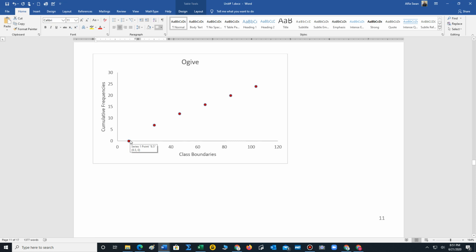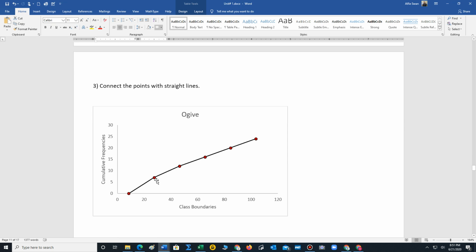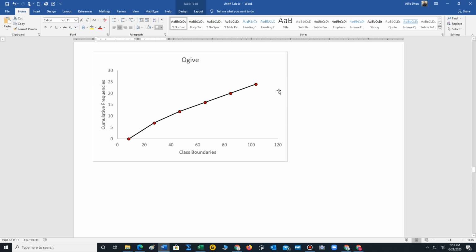So at 8.5 it's 0, and so on. And then finally, you just connect the points with straight lines. And that's how we graph the ogive. It's a graph, once again, that's used to represent the cumulative frequency distribution.